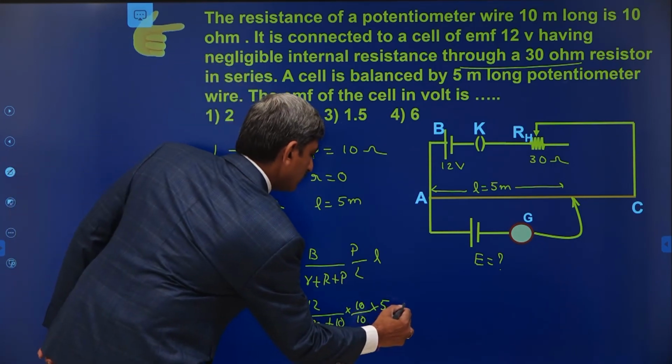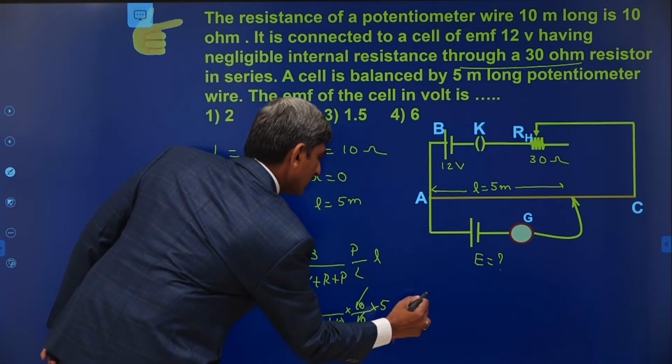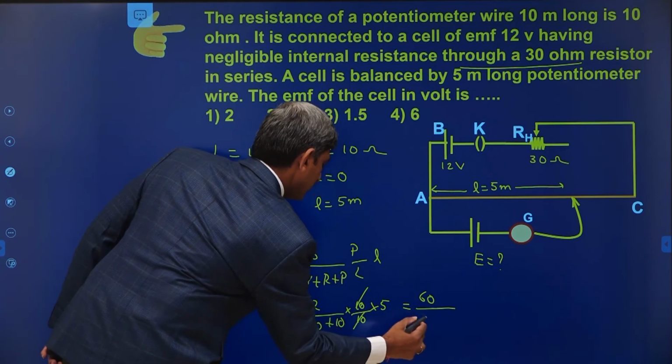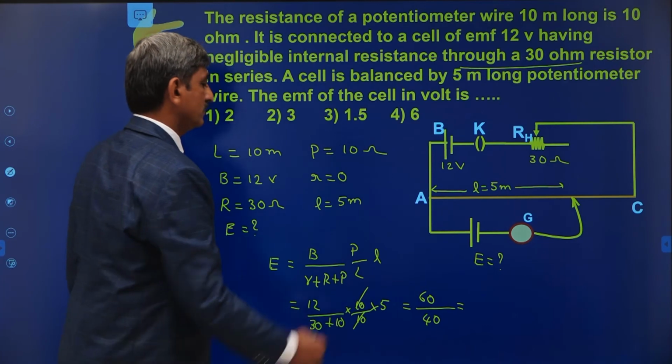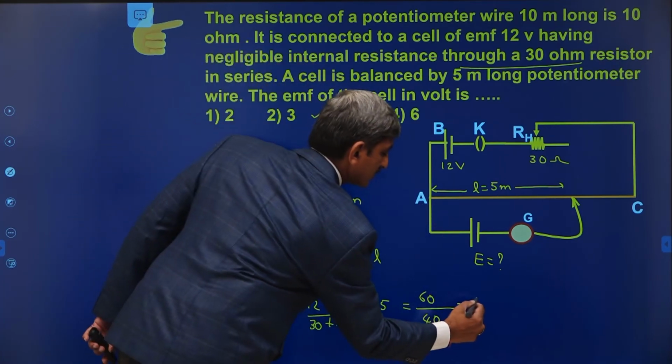This is equal to 60 divided by 40, that is equal to 1.5 volts.